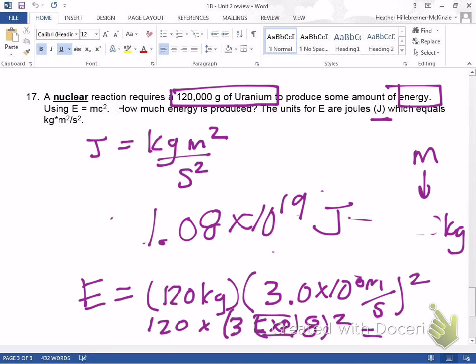No, 2. I just highlighted it, right? Just those two numbers count. So I need to round my answer to 1.1. Yep, so the answer has to be 1.1 times 10 to the 19 joules. Easy peasy.